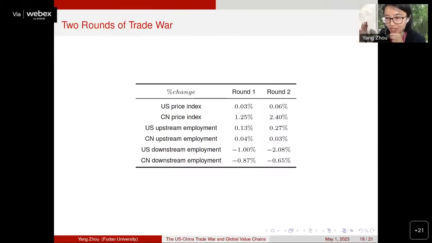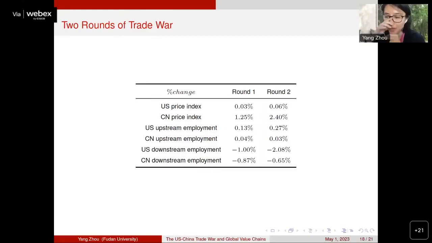In each industry, I have groups of commodities that belong to the upstream and groups of commodities that belong to the downstream. So when I check the upstream and downstream, I choose a cutoff point. I assign upstreamness for each commodity and choose a cutoff point to divide all commodities in each industry into these upstream and downstream subgroups.